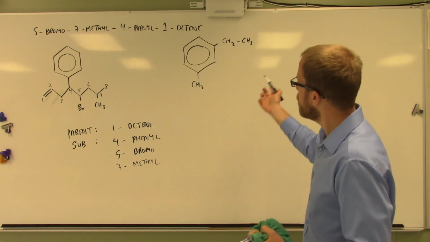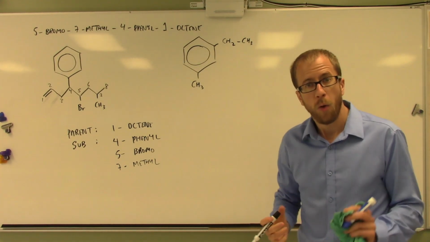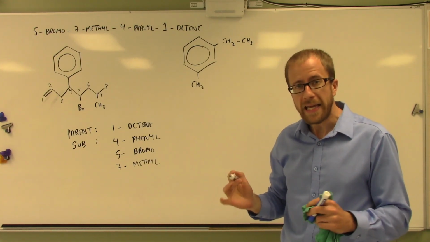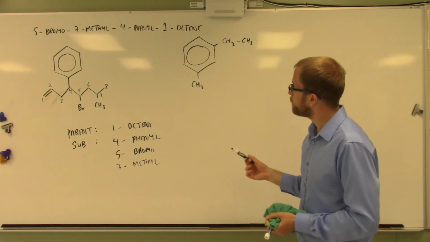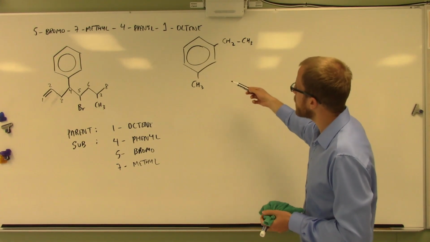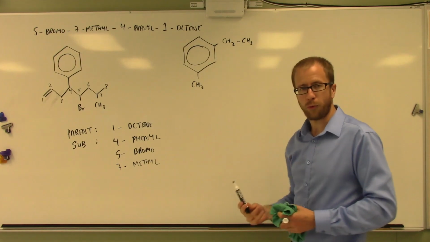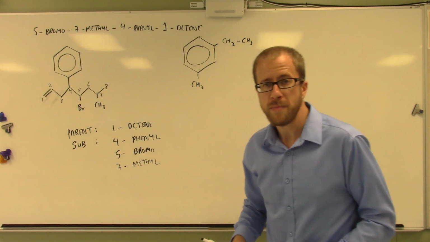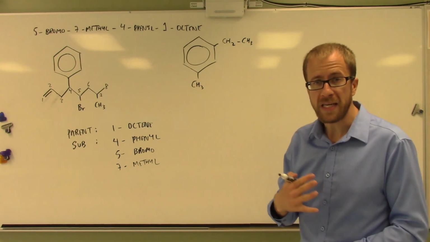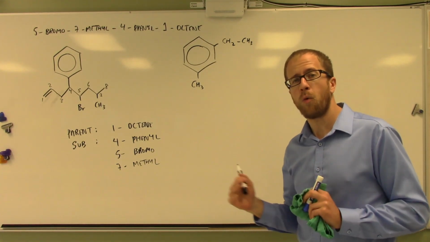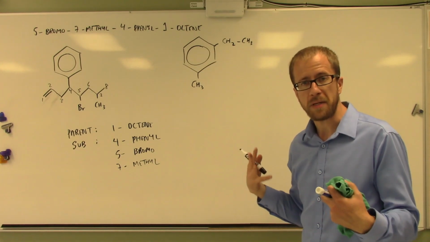This is a case 2 situation where our benzene ring is our parent chain, our main chain. So, in this case, we have a methyl group here and an ethyl group here. Now, you may be tempted to call this 1-ethyl, 3-methyl, but I don't want you to use the conventional naming system.